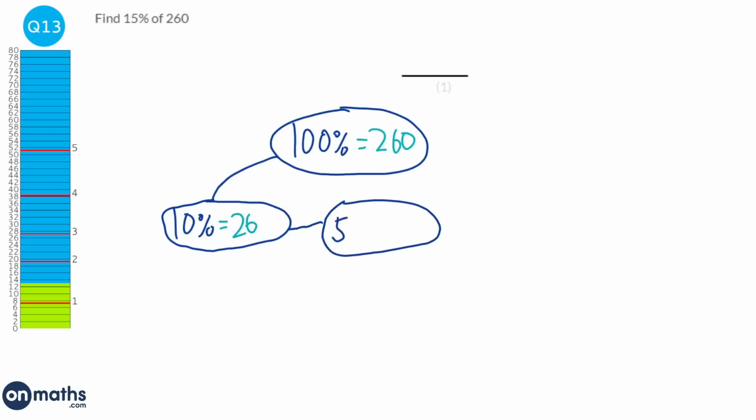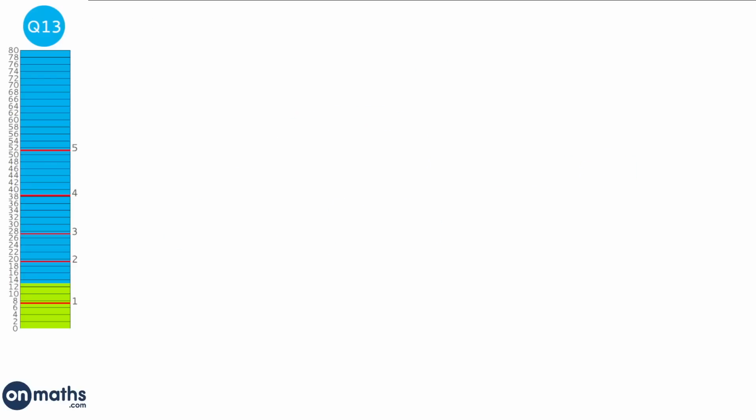And we do that by halving the 10%. So that would be 13. And then all we need to do is add the 26 to the 13, because the 10 plus the 5% are 15. And that's 39. So our answer is 39.